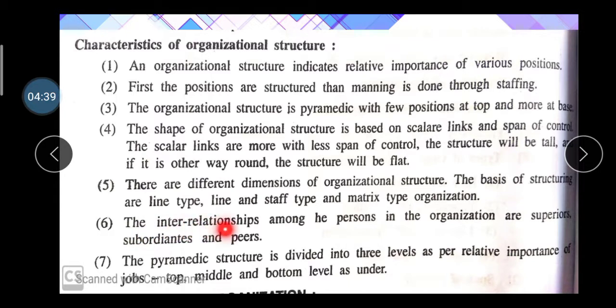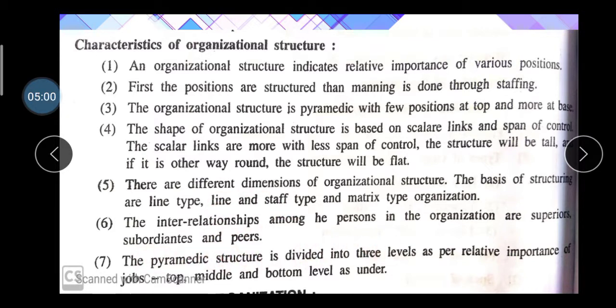So the interpersonal relationship among the persons in the organization: there are the superior, subordinate and peer group. In the organization you have to develop the structure, and according to the structure you have to decide your superior, what the superior positions are, what your subordinate positions are, and what your peer group positions are.